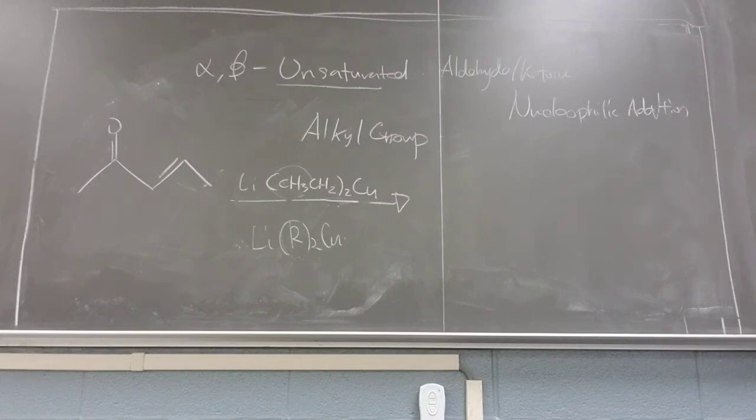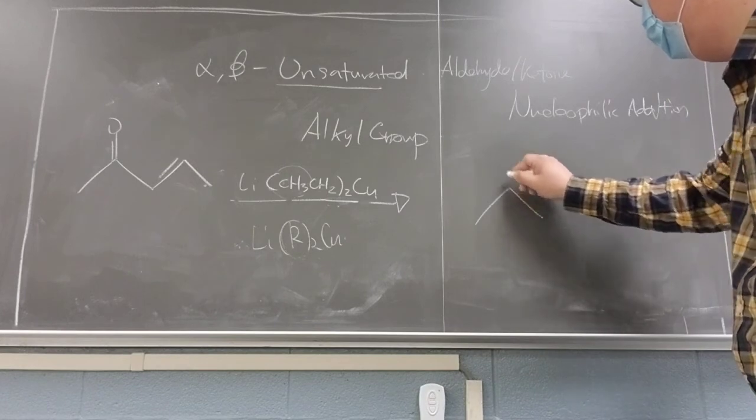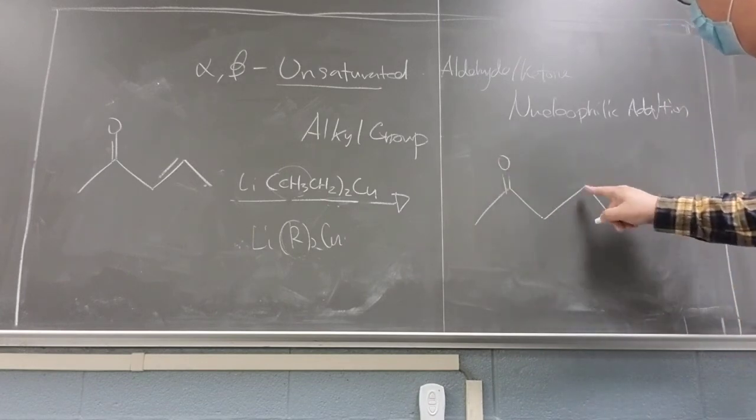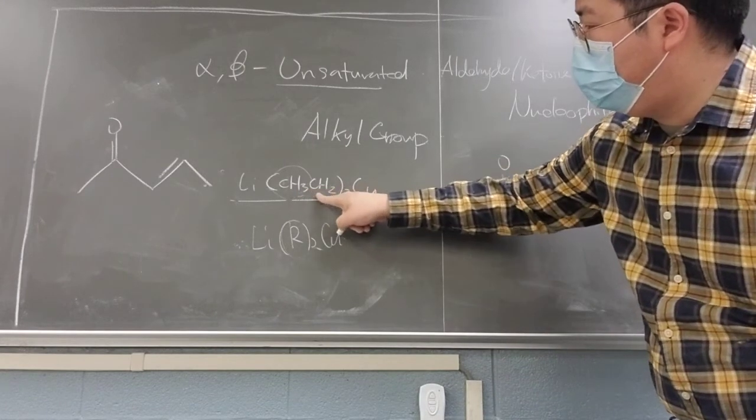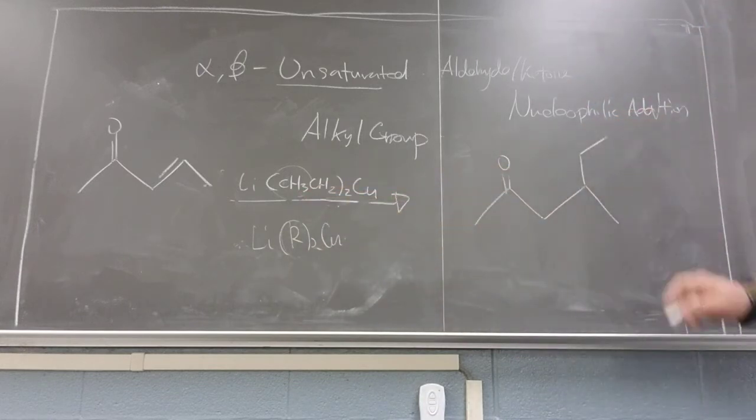And remove the double bond, just a trick. Okay, so yeah, let's do this together. And this is the position, but we have an ethyl group here, so I'm gonna do this one. That's it. Okay, you guys got it right.